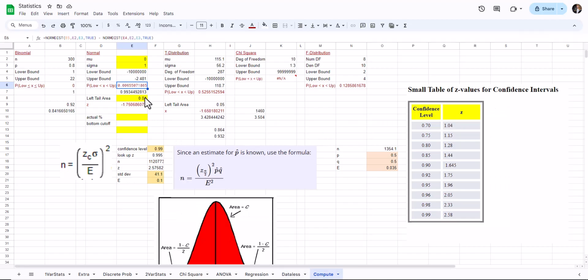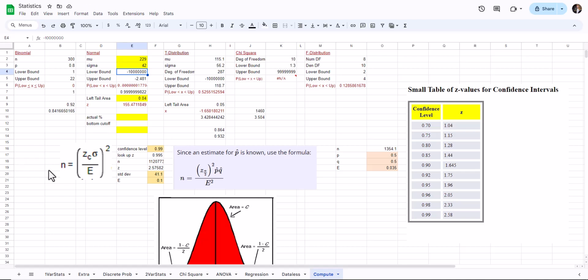So in Google Sheets on the Compute tab, all you have to do is put in the given mean, which was 229, the sigma, which was 42, and this I'm looking for greater than.